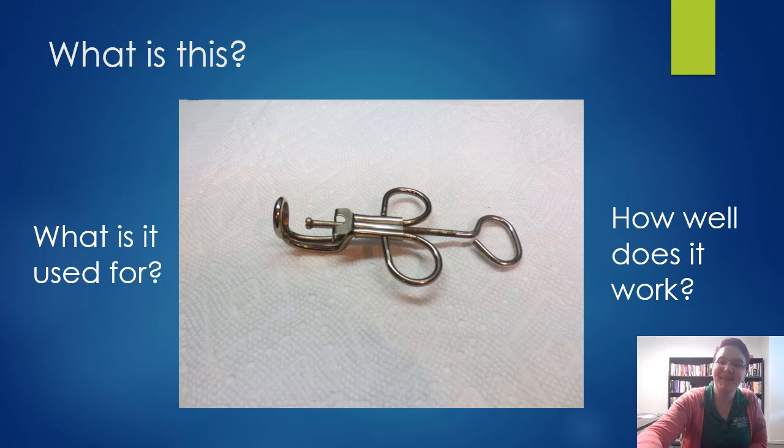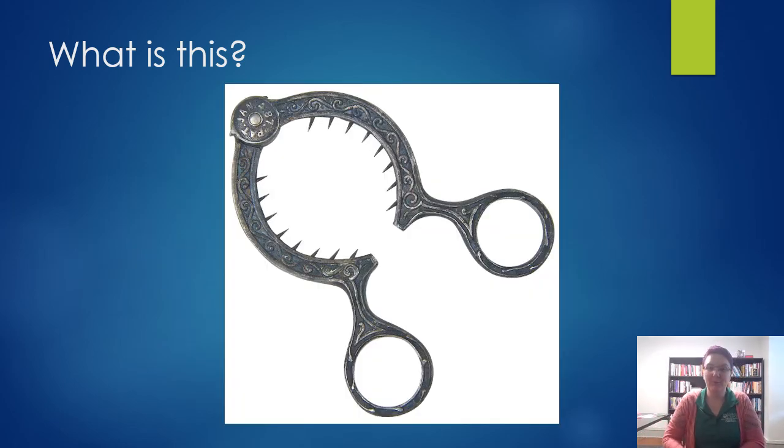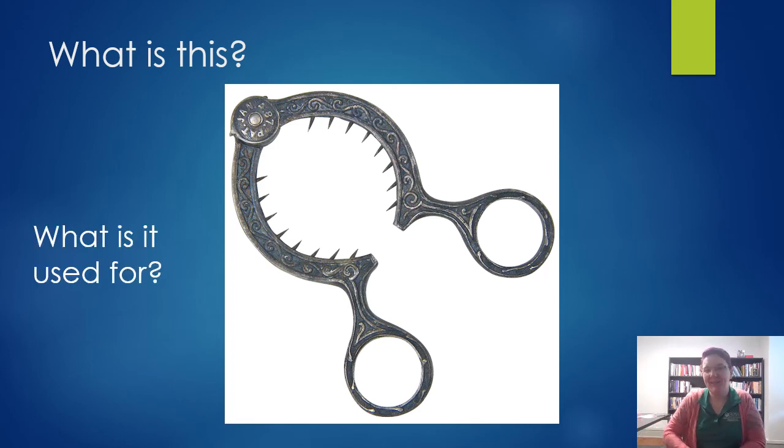Now let's jump to another one. What is this? Take a moment and describe in as great detail as possible what you see. Next, go ahead and make some interpretive claims.